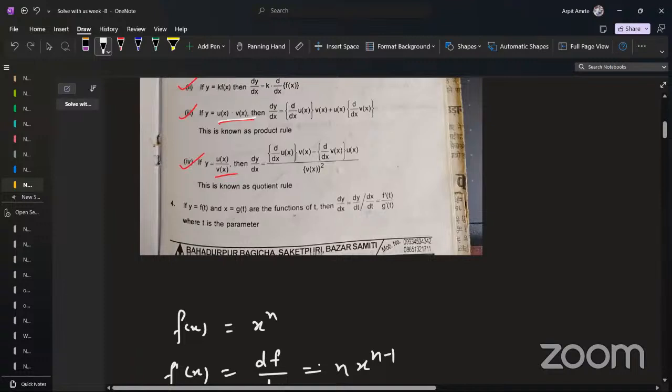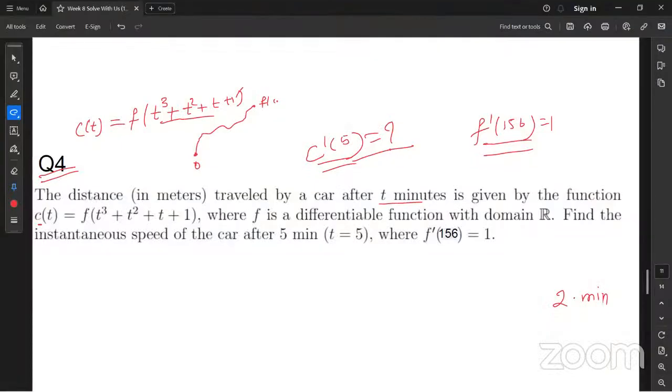No issue, I will mention that one. Okay, we'll see. How to solve this?